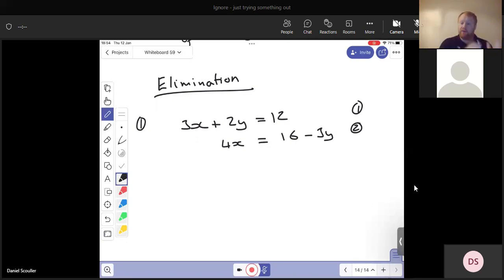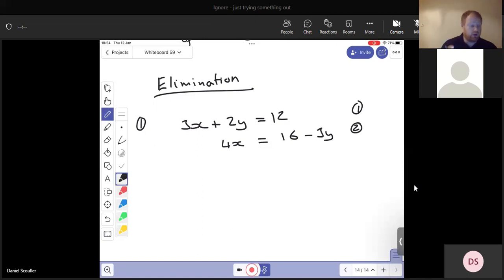You want all the letter terms on the left-hand side and all the whole numbers on the right-hand side. I say letter terms because they sometimes like to tell a story where instead of using x and y, they'll use a and b, r and s, and you'll see that exact same process. These letters just mean unknowns.